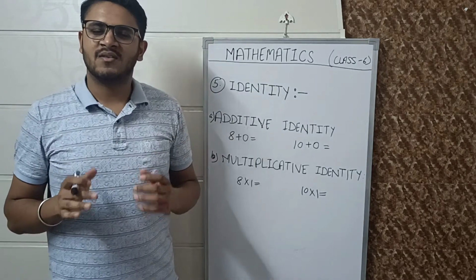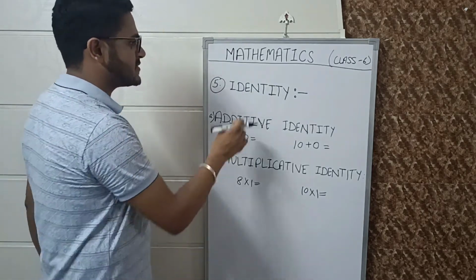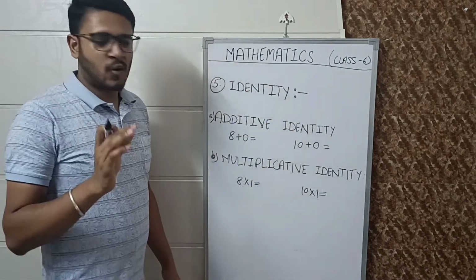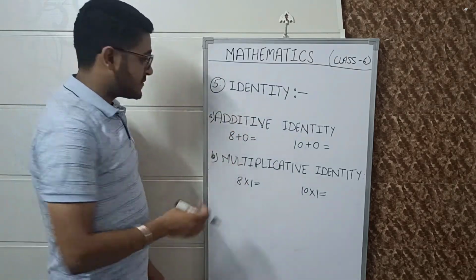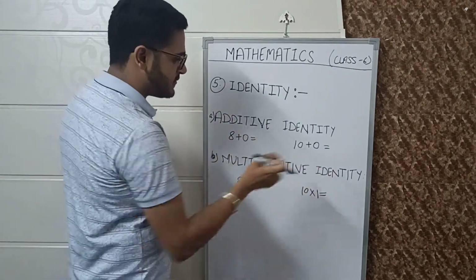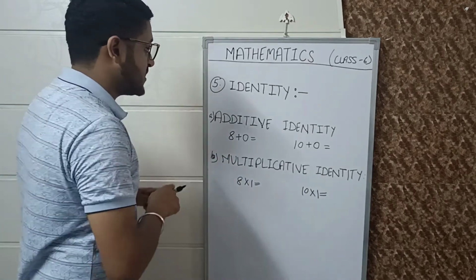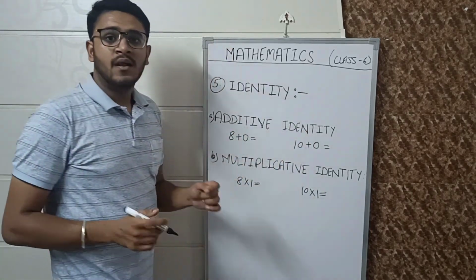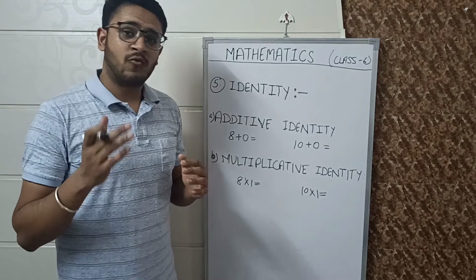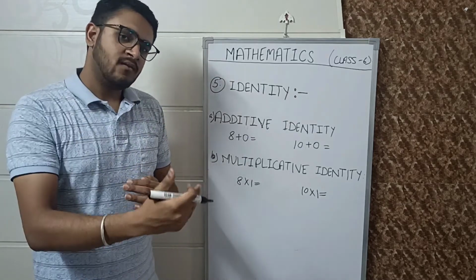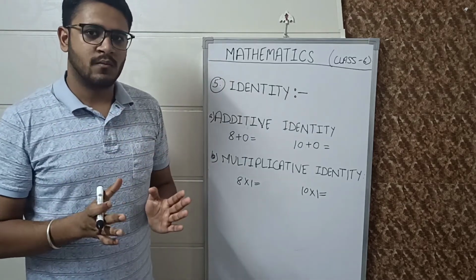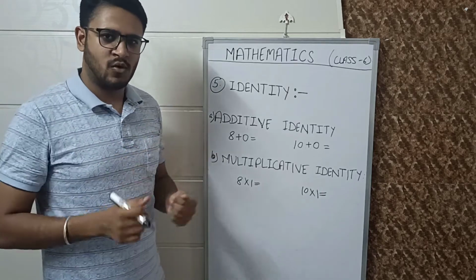Now let's talk about the last property of whole numbers, which is the property of identity. The property of identity is of two types, additive identity and multiplicative identity. Now let's talk about these. Additive identity is what? Let's find one number which when added to any whole number gives us the same whole number.